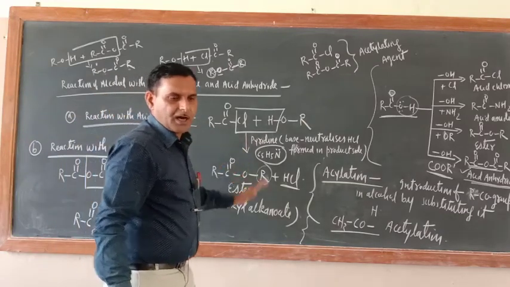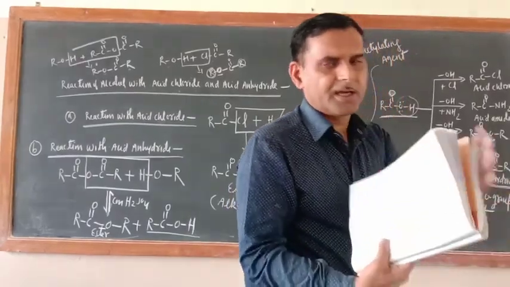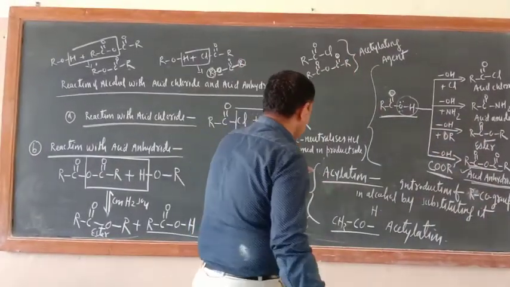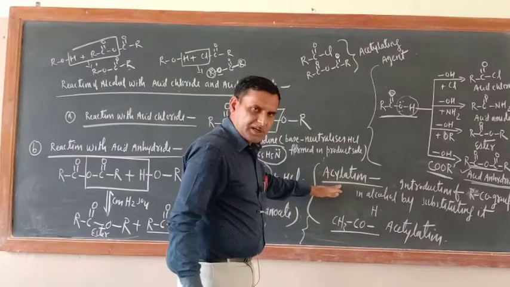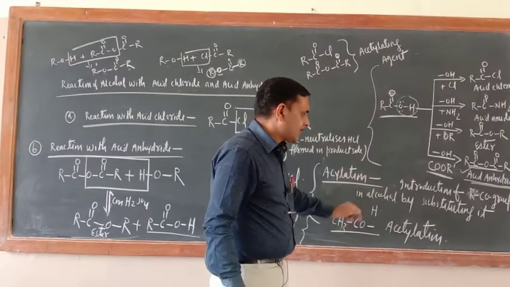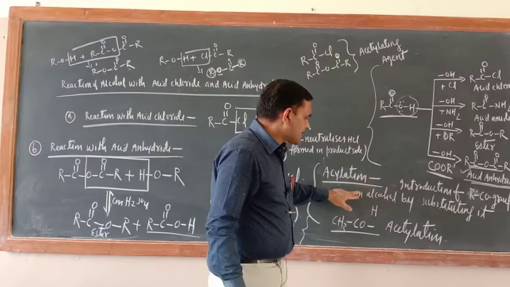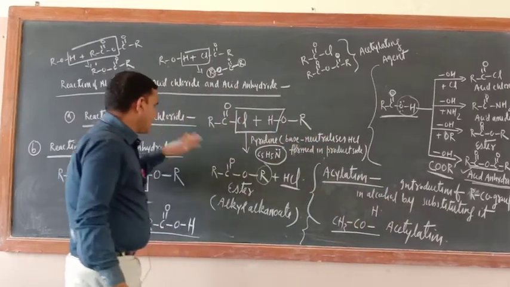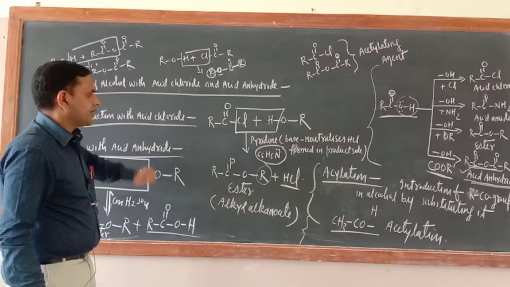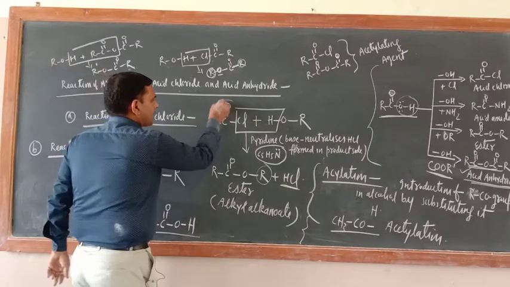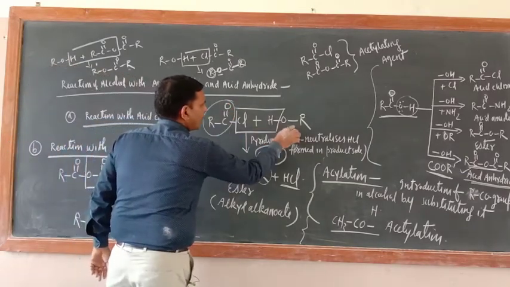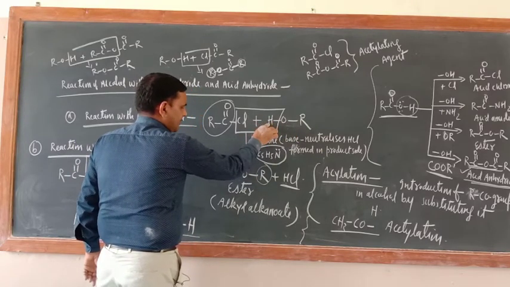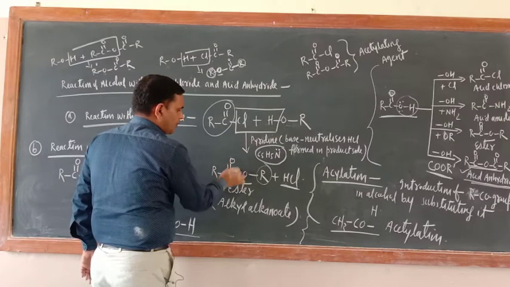Now this is given in the NCERT book, so I am not teaching anything extra. There is some more information. There is one word, acylation. What is the meaning of acylation? Introduction of the RCO group in alcohol by substituting its H. In both these reactions, just see, the RCO group is introduced in alcohol by substituting H. This H is substituted, then only the RCO group is introduced.